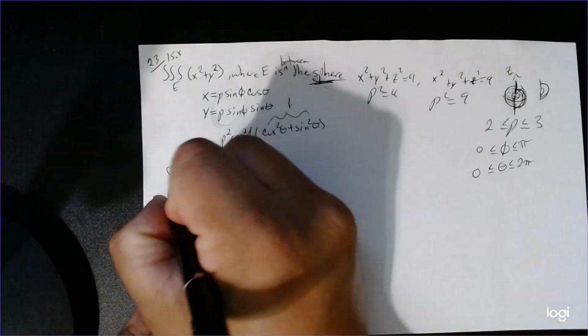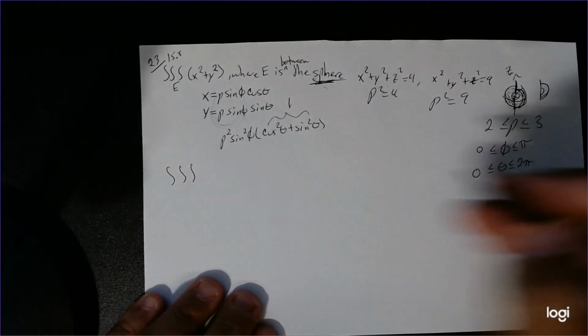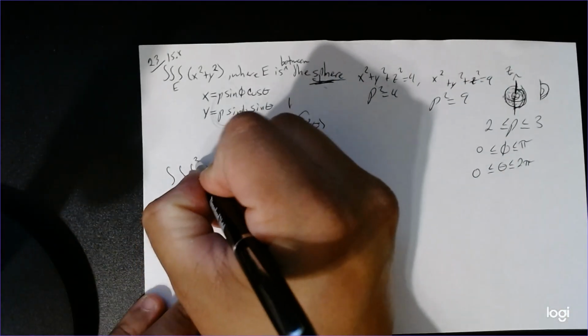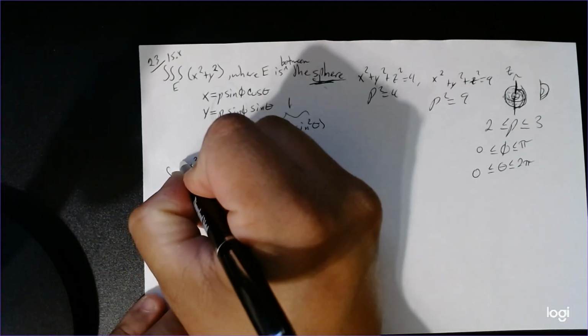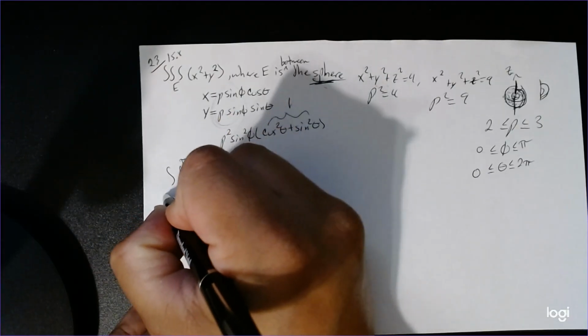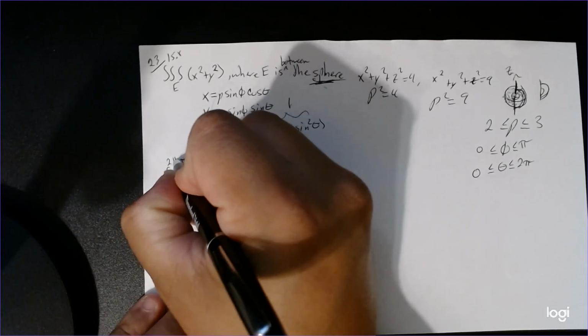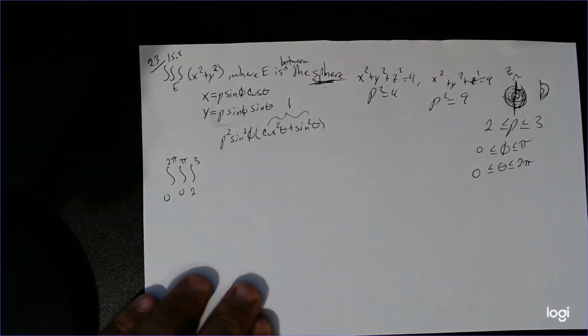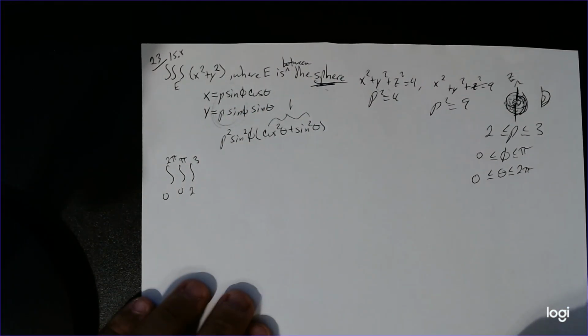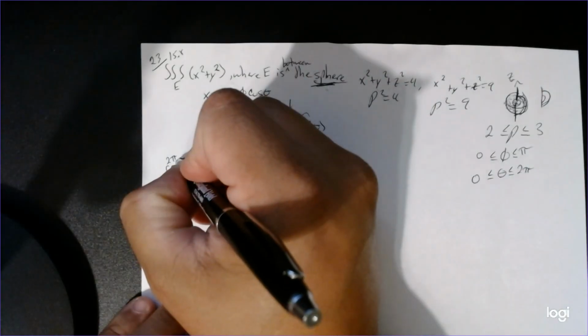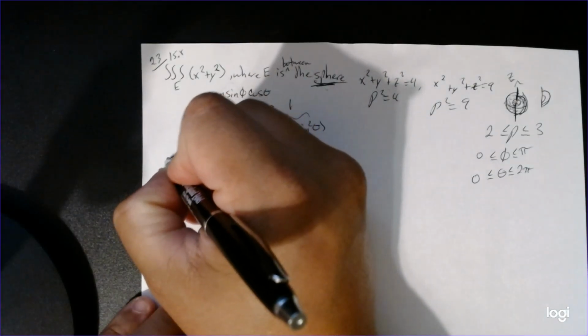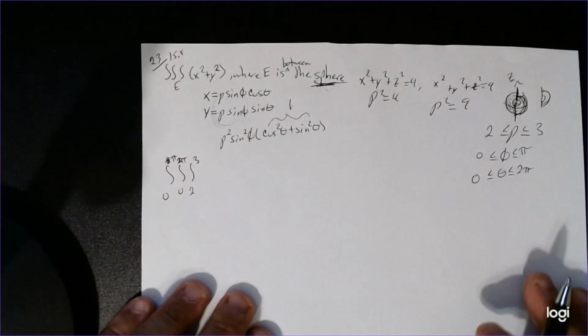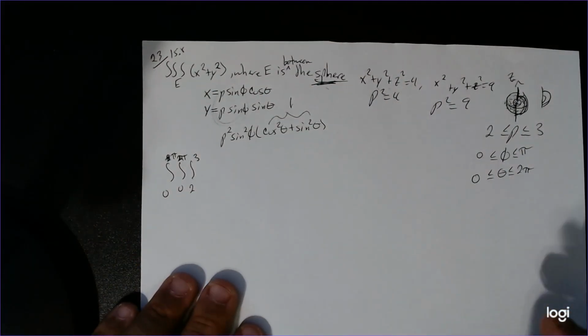So now we get the triple integral of 2 to 3, then 0 to pi, and then 0 to 2 pi for theta. Oh sorry, well, theta first. I think that's how we did it, right? We did rho, theta, then phi. I don't remember.